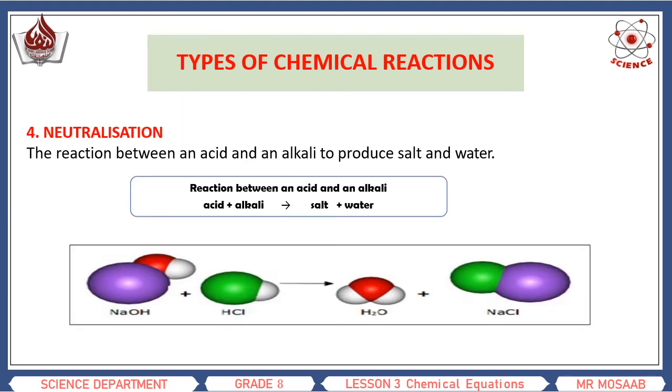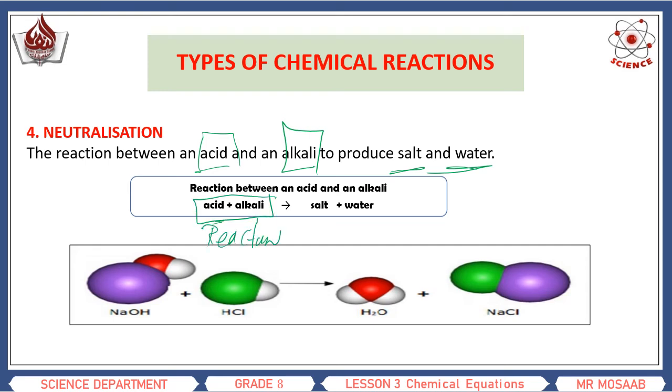The last type of chemical reaction is neutralization reaction. Neutralization reaction is a reaction between an acid and an alkali to produce salt and water. So in the reaction you will find acid in the reactant side. This is reactants.